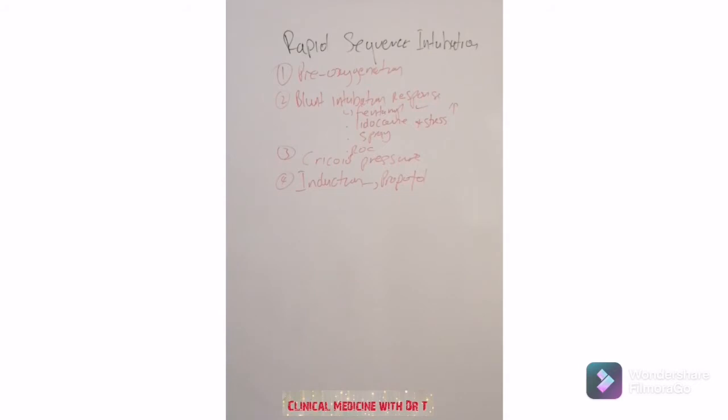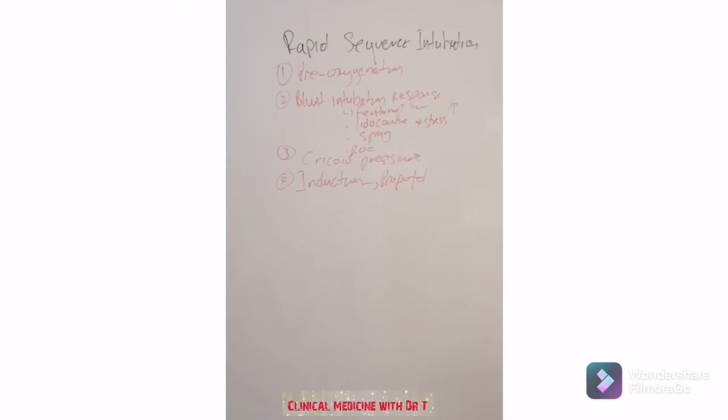You can lose an airway, so they can't protect their airway. A patient who's unconscious cannot protect their airway, and the induction agents render a patient unconscious. So that's why we want to apply that cricoid pressure just before the propofol, not after.